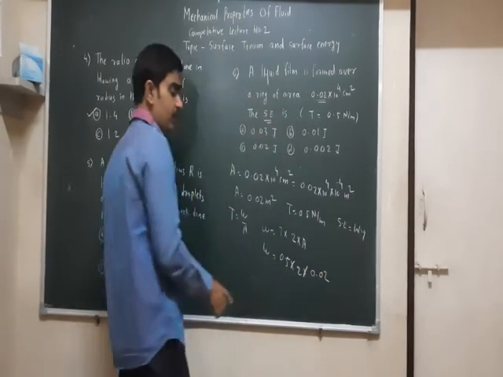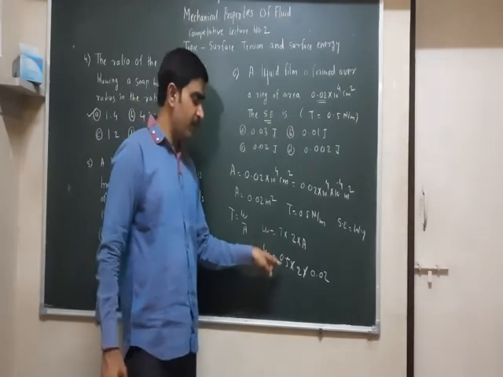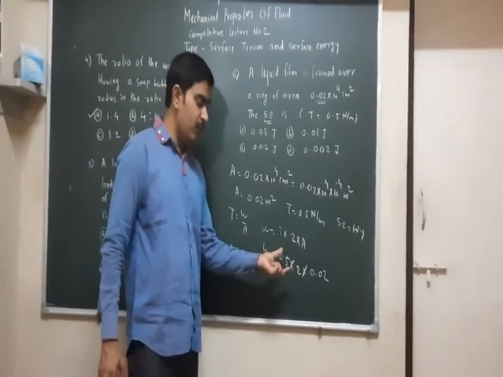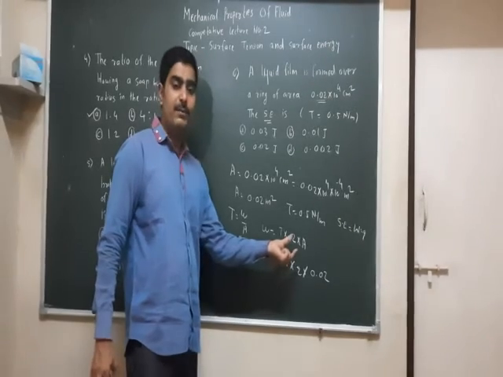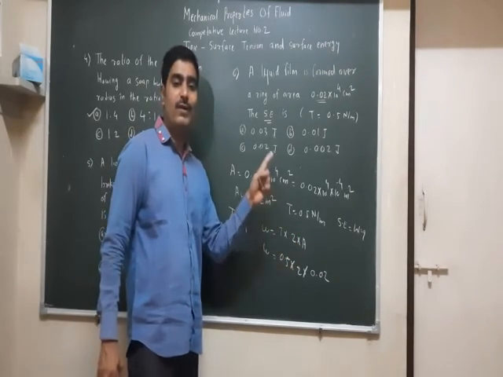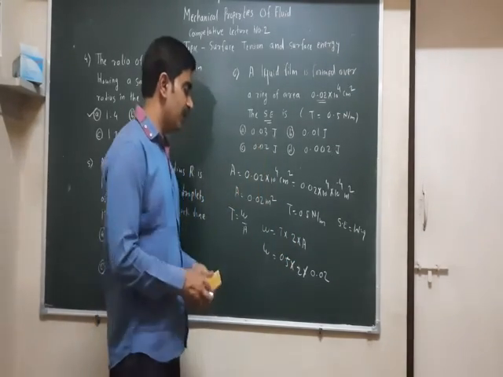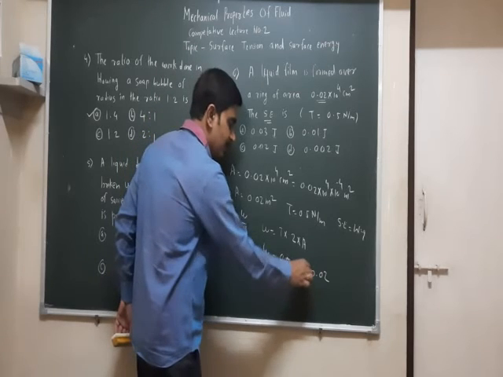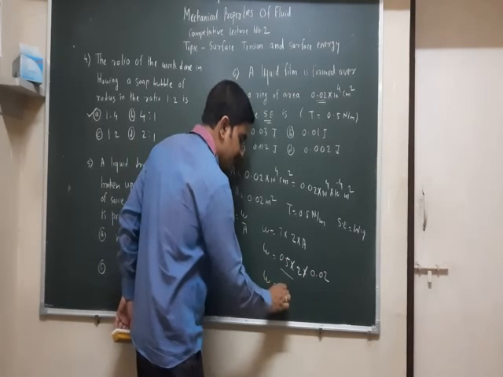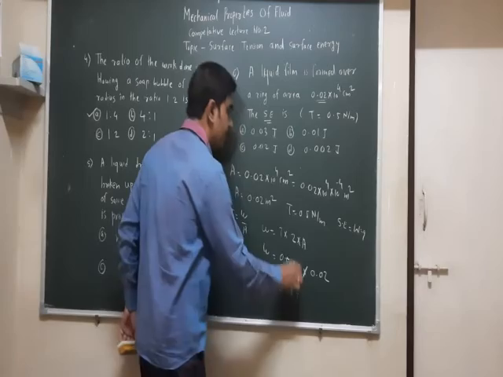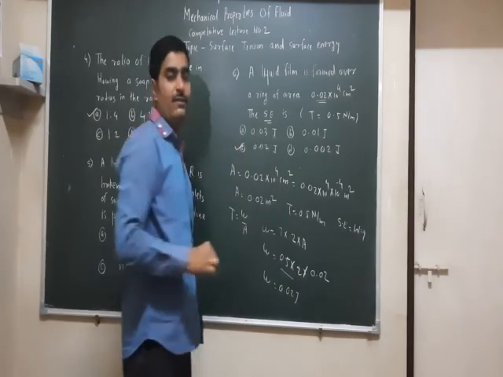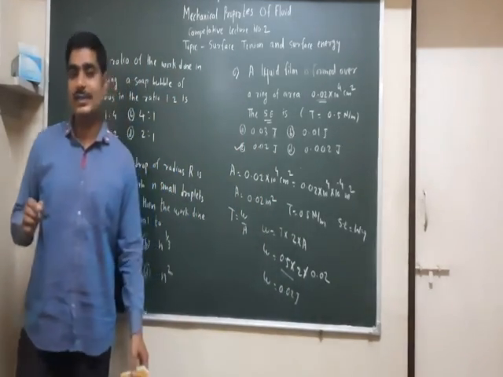If you do the multiplication, 0.5 multiplied by 2, you get 1, and 1 multiplied by 0.02 is 0.02 joule. So friends, we have completed question number 6.